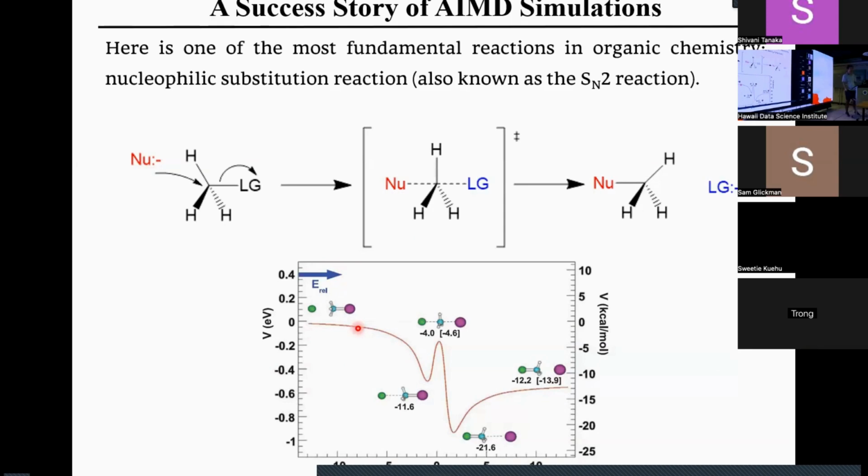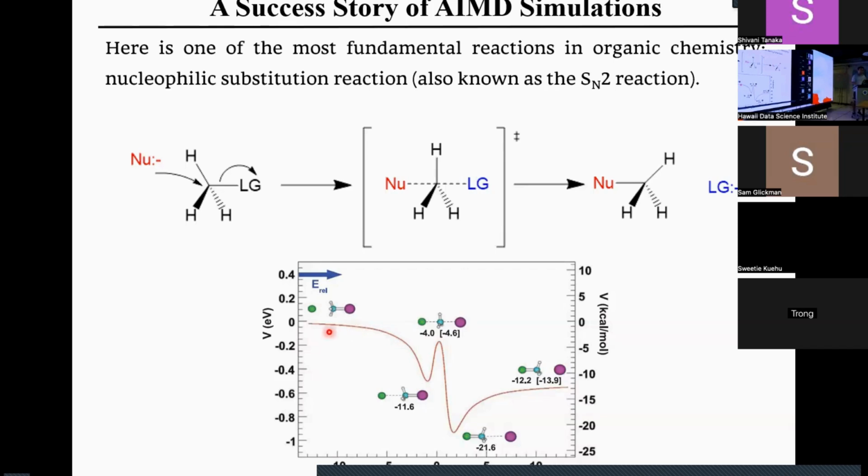What we do is, if we assume this story I told you is true, what does the energy of the system look like along this process? The x-axis that you cannot really see is called the reaction coordinate. From the beginning, on the left end, is the reactant, and on the right-hand side is the product.